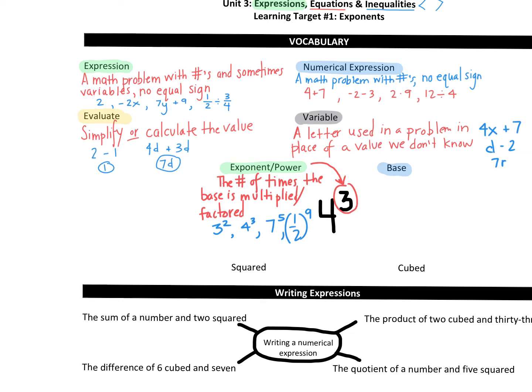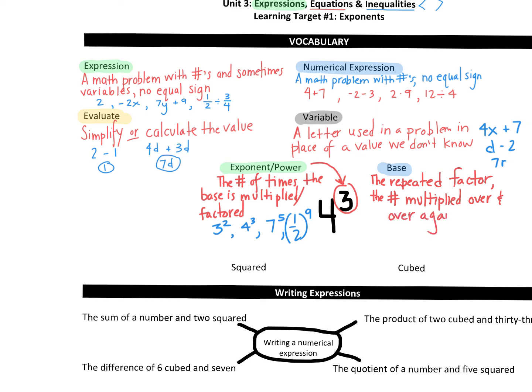The base is the repeated factor, okay? So go ahead and write that down, the repeated factor. And I'll say it another way just so that you know what I'm talking about. The repeated factor, or you could say the number multiplied over and over again.